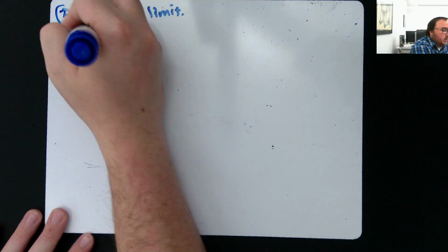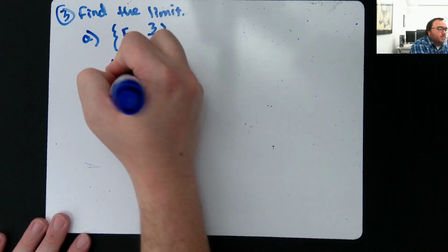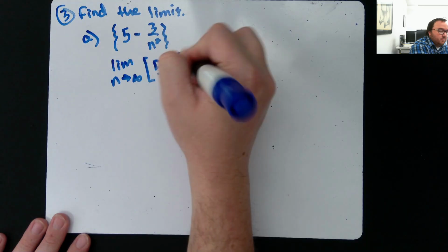First example is going to be the sequence 5 minus 3 over n squared. So all I'm going to do is take the limit as n goes to infinity of that. That's all I've got to do.